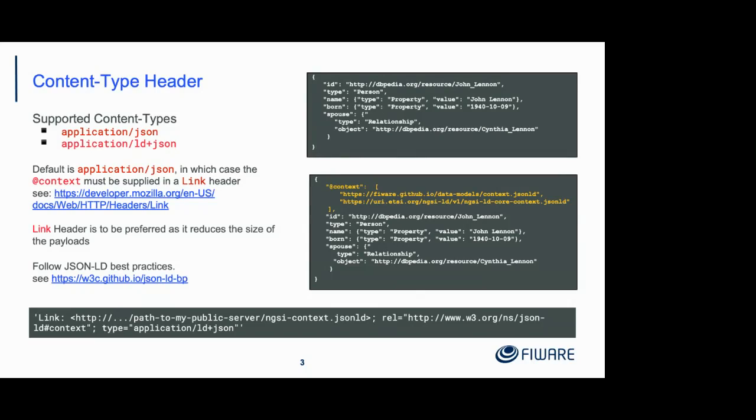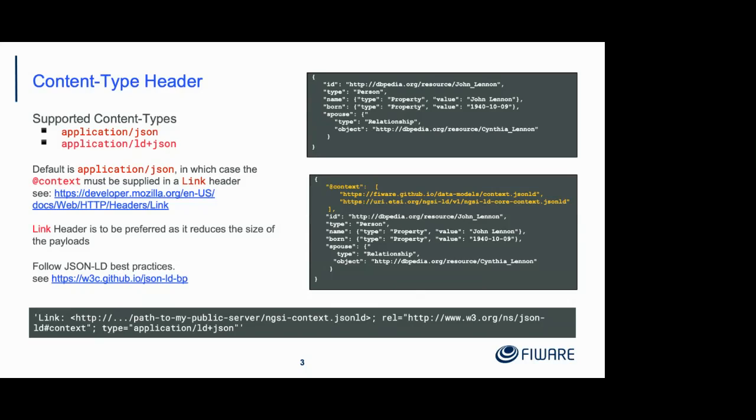Content type header. Always remember the difference between content type and accept. Content type is what is in the body. The body is going to be one of two things. It's either going to be JSON or it's going to be JSON-LD.